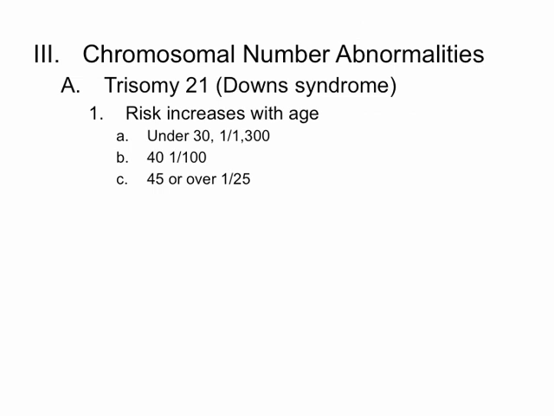If you are under the age of 30 having a child, the chances of having a child with trisomy 21 is 1 in 1,300. If you're 40, that changes to 1 in 100. And if you're 45 or over, that changes to 1 in 25. So as you age, your chances significantly increase, which is why women who are above the age of 34, I believe it is, are considered advanced maternal age for having children.